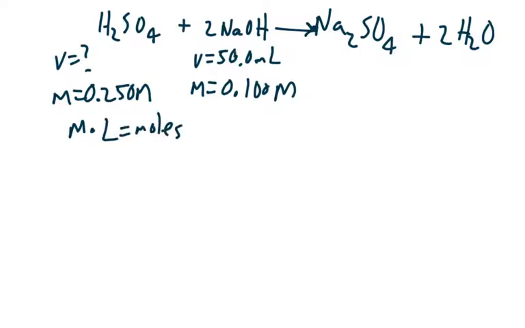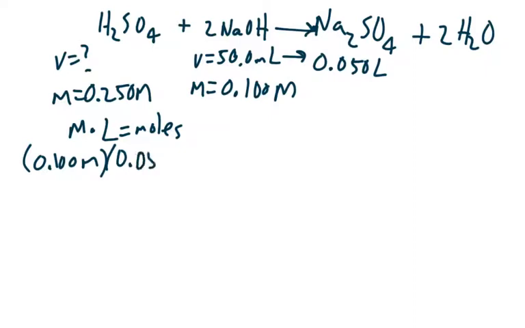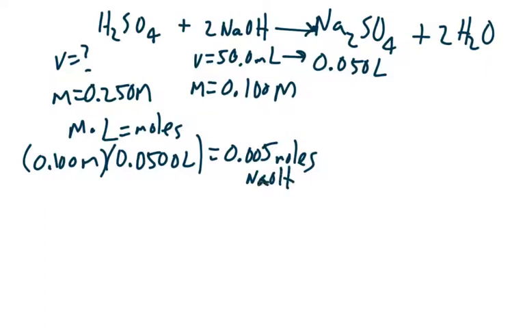Well, we need to change this volume to liters. If you divide by 1,000, it becomes 0.05. So the molarity of the given, which we always call A, is 0.100. If you multiply by the volume in liters, you get the moles of A, which is 0.005 moles of NaOH.